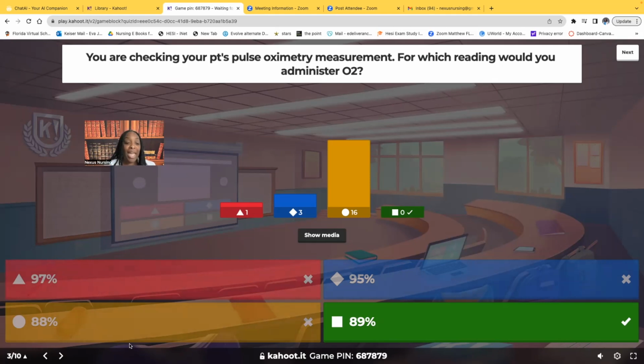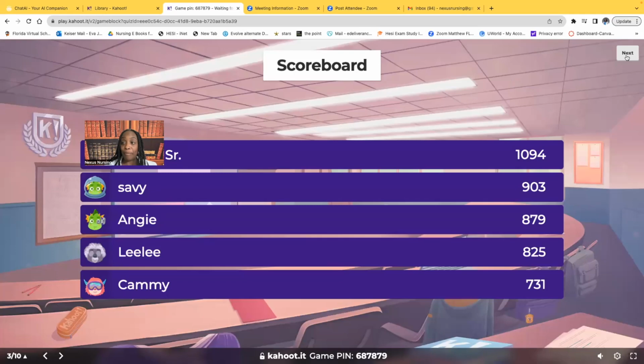We're going to wait until they get to 88. Out of these choices, it would be 89. If 91% was there, it would have been 91. Once that patient hits 91, they are in respiratory distress. Make sure you guys know this. You're expected to know it.